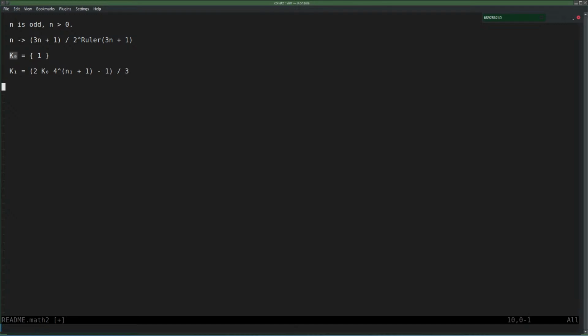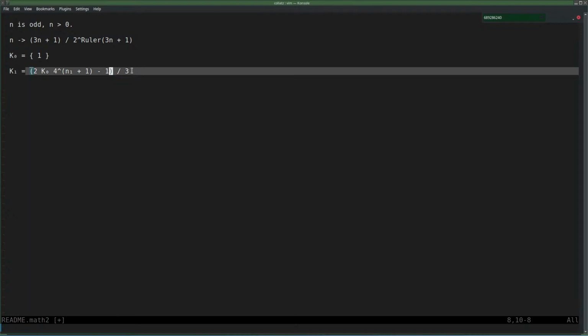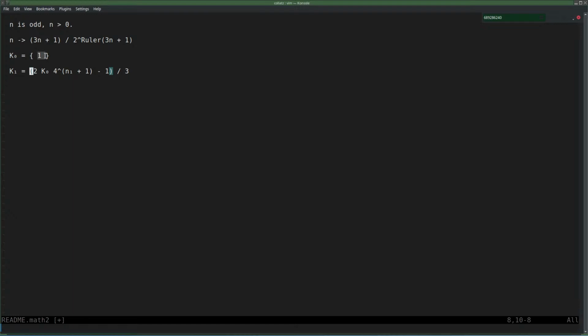Now why is that the case? The reason is that any such number multiplied by 3, so now we're going to apply this step, so we have a number that is in this set. It's a set because K0 is a set, but it's even more a set because N1 enumerates all the elements in K1. So we have to specify what N1 is, and this is for N1 being a positive integer.